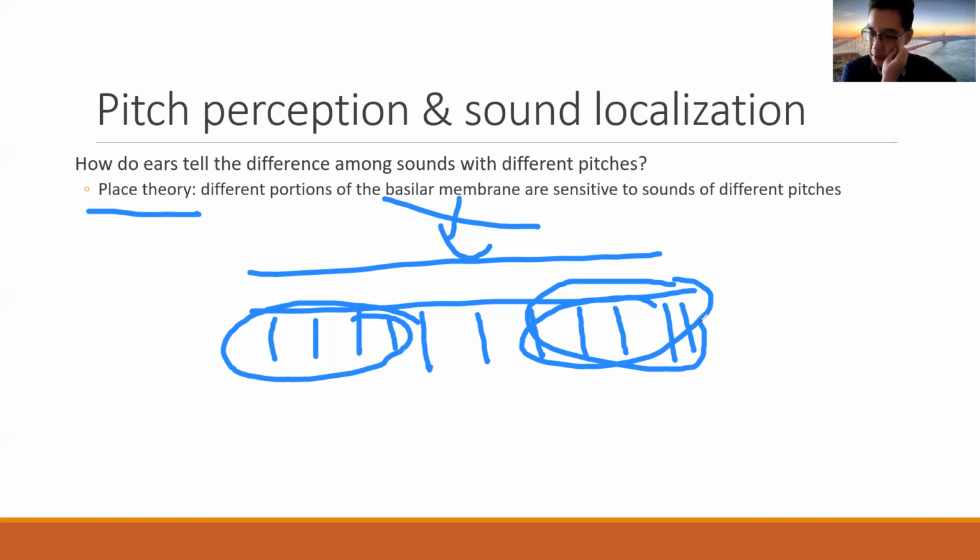The pattern is really like how we hear different pitches of sounds. Some hair cells are sensitive to a certain pitch of sound, and only some hair cells are sensitive to another pitch, so that we can hear different pitches of sound.